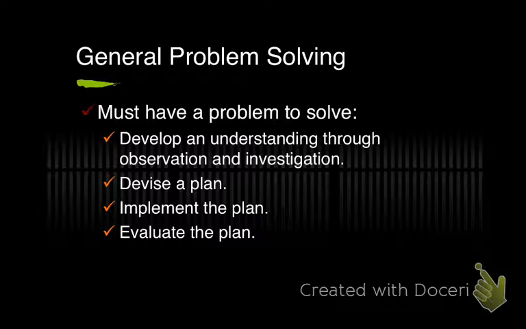So first thing is develop an understanding by looking around at your surroundings. What are you dealing with? And then if you need more, you go investigate it, research, find out what's been done before. Has it been done before, or is it something new that you have to create? Once you understand it, you're going to go ahead and develop a plan. The plan is how to solve the problem.